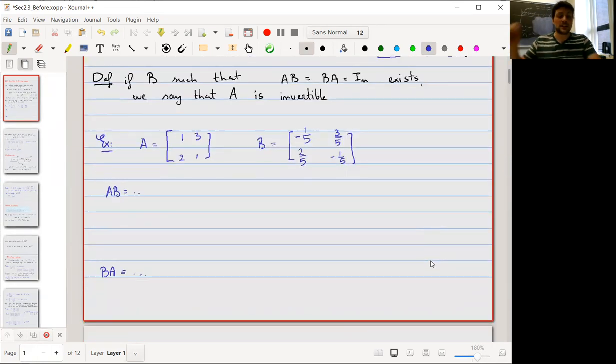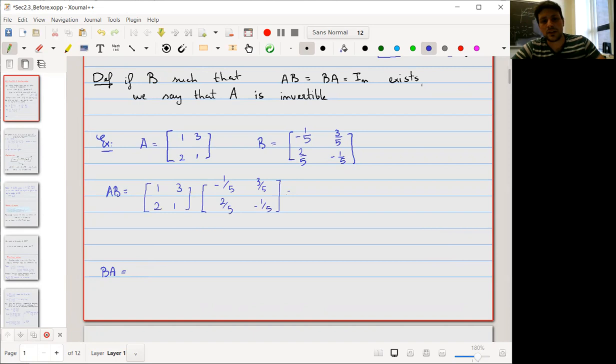Let's try to look at an example of inverse matrices. If I give you two matrices like this, the way you want to check that they're inverses to one another is by multiplying them in both ways and see the result you get. So if I multiply A times B, I get the following. This is 2/5, 3/5, and 1 over 5. Let's multiply them. The first entry is minus 1/5 plus 6/5.